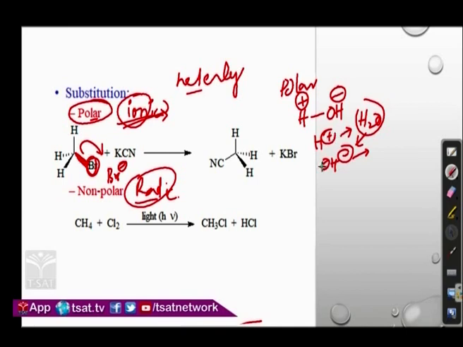Whatever solvent or liquid we dissolve, if it has two ions or two different poles, positive and negative, or there is a probability of breakage into the two poles, that kind of solvent is said to be a polar solvent.